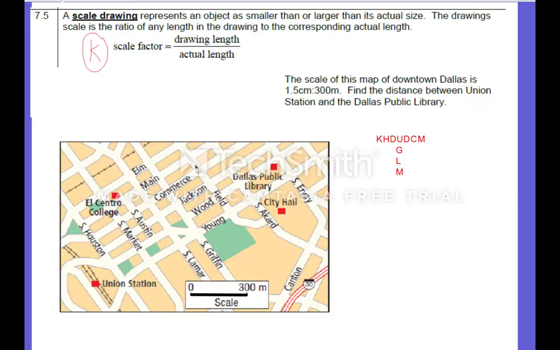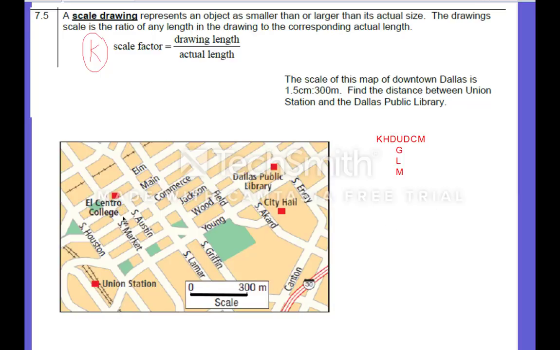So if we measured a distance of 1.5 centimeters, this 1.5 centimeters would equal 300 meters. If we had a distance that was 3 centimeters, 3 centimeters would be 600. If you had 4.5 centimeters, you would have 900 meters, and so on.